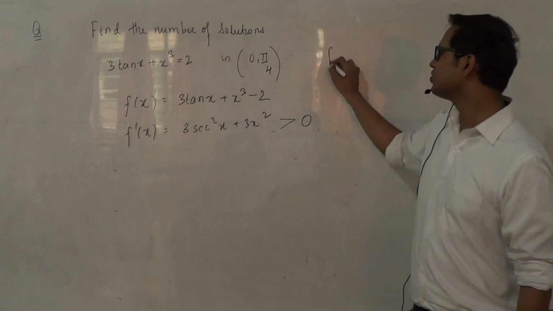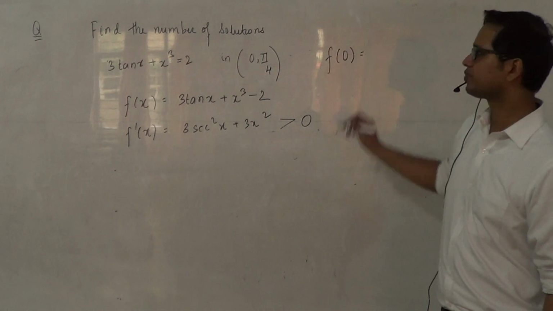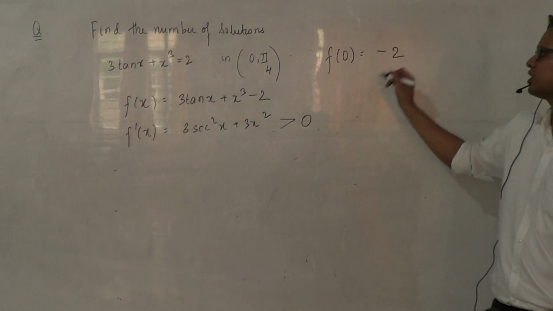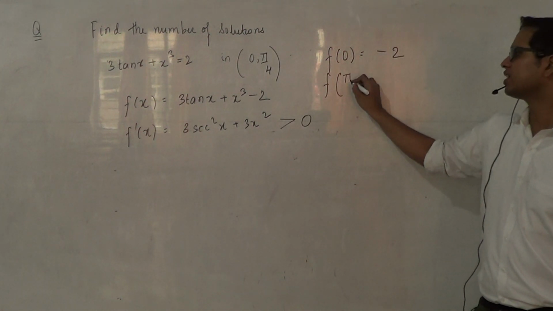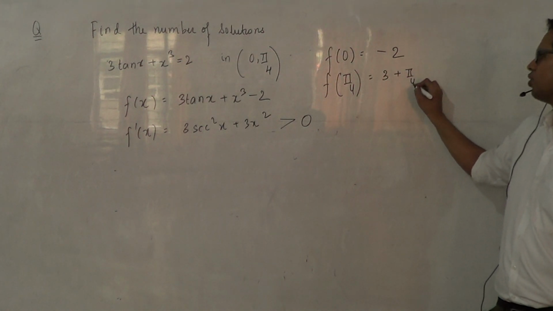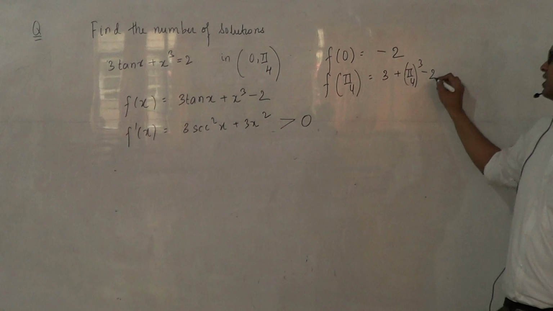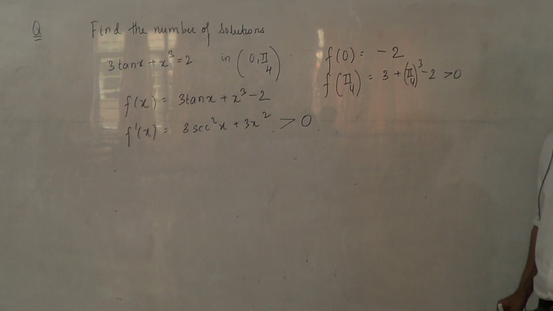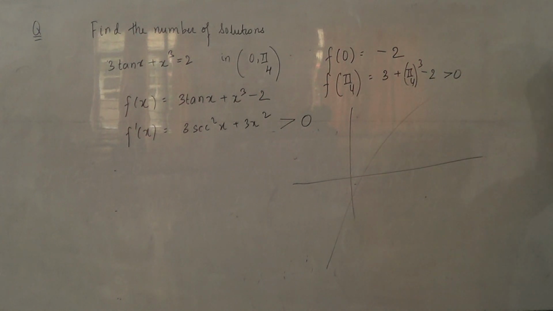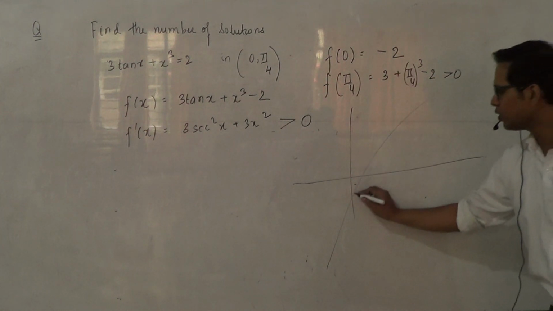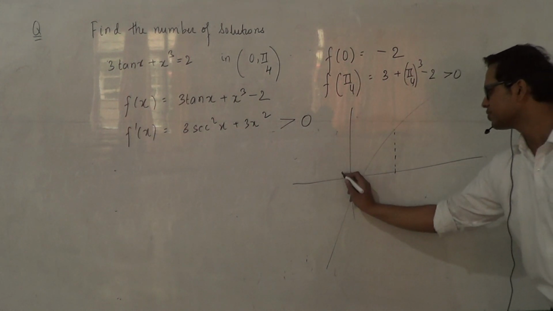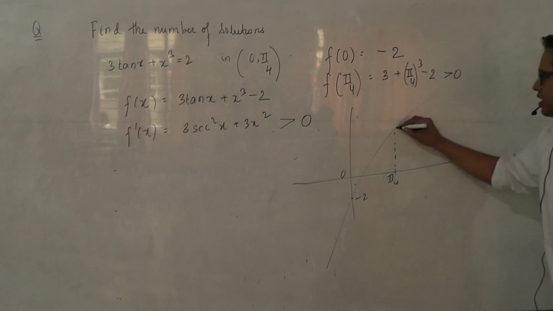Now what is the value of the function at 0? Minus 2. What is the value of the function at pi by 4? It's 3 plus (pi by 4) whole cube minus 2, which is definitely some positive number. So there is a function which is always increasing, at 0 it is minus 2 and at pi by 4 it is some positive number.